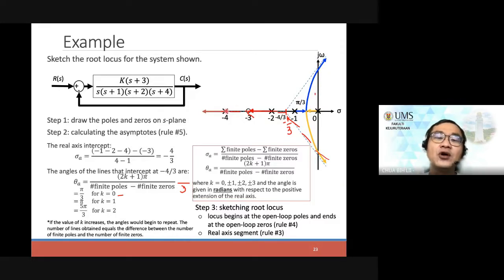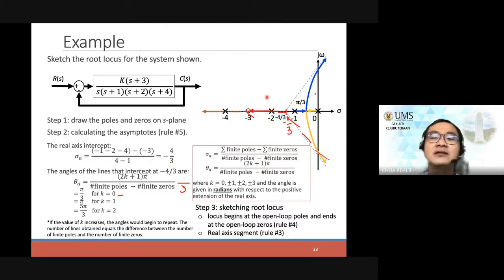Then for this point, we do not know where it will go. There is no zero to sink it, so to absorb it, so in this case they will go along the infinity line. Because we know that the poles will go to the zero, we have three poles without a zero.